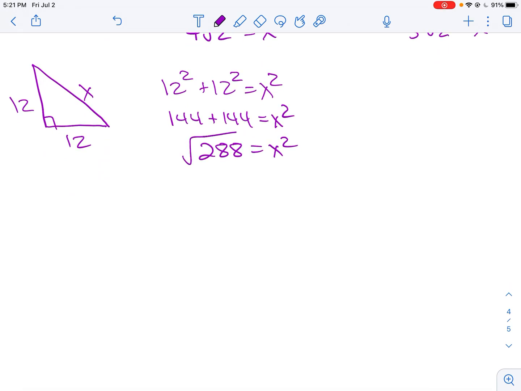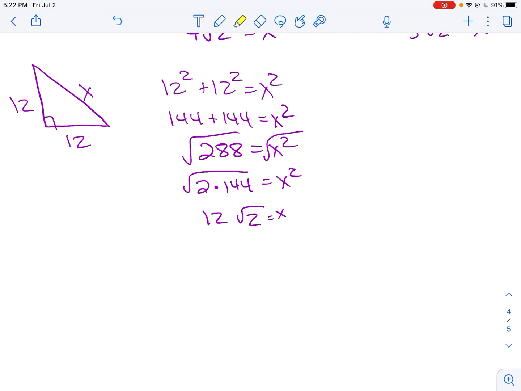I take the square root of both sides of the equal sign. When I do that, this is the same thing as 2 times 144. When I take the square root of 2, I can't do that because it's an irrational number. But the square root of 144 is 12.